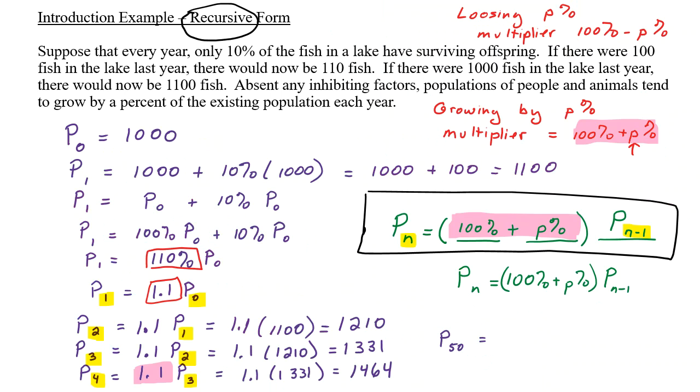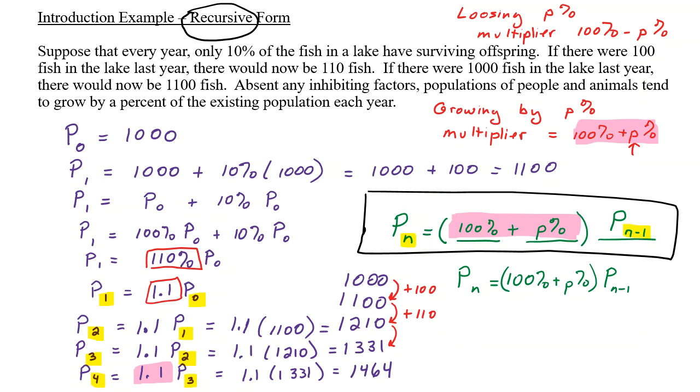If you look over here, these are the numbers of the fish when we did them before. Let's see, the number before this for P1 was 1,100 fish and then 1,000 fish. So if you look here, this is increasing by 100 fish. This is increasing by 110 fish. This is increasing by, what is that, 121 fish.